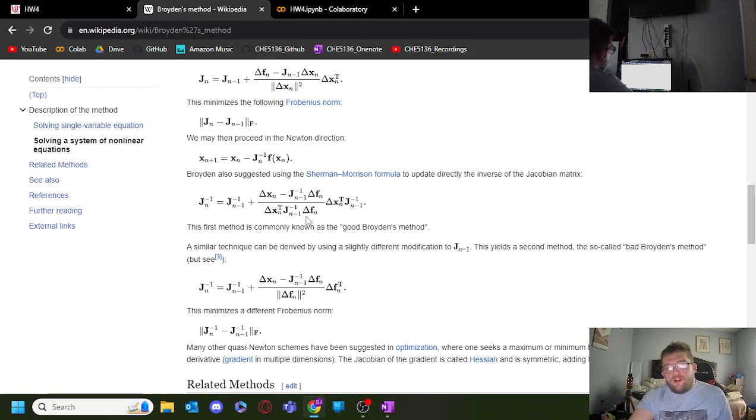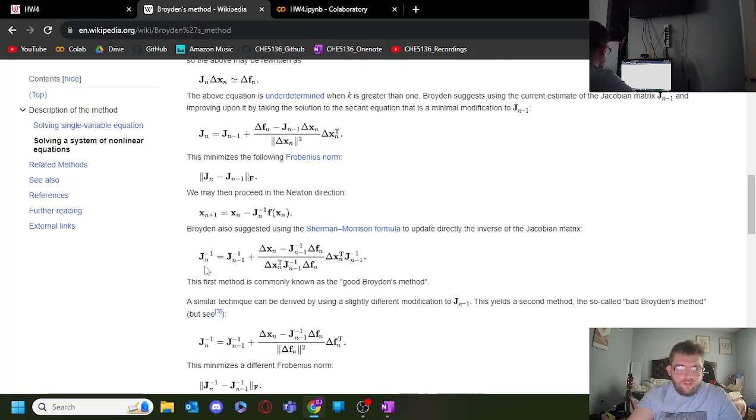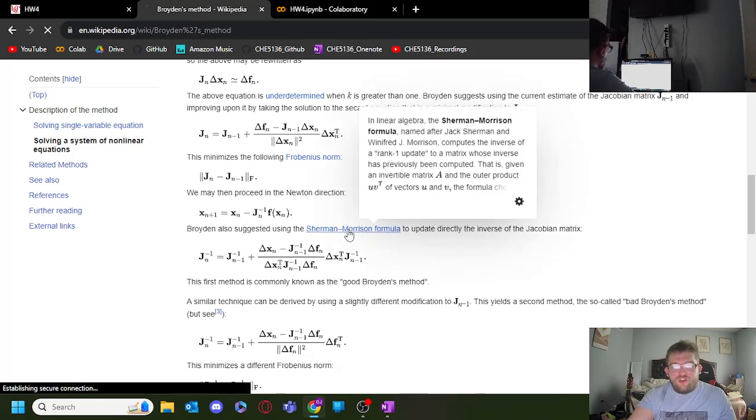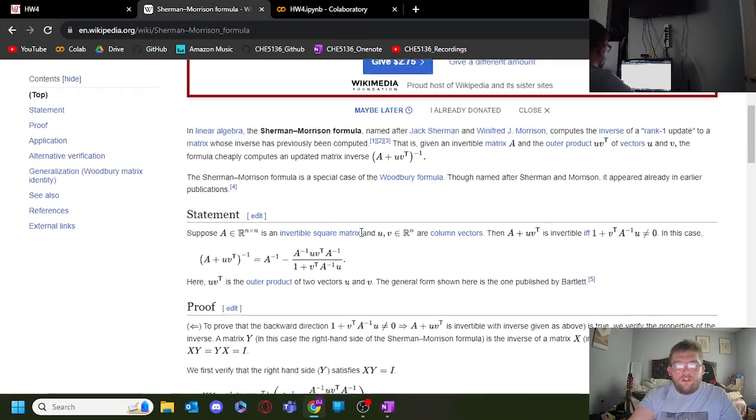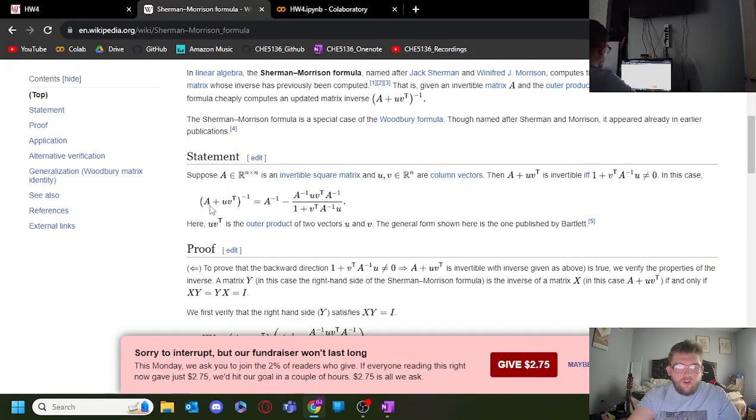But what differs from Newton's the most is this Jacobian inverse update. So the Jacobian inverse comes from this Sherman-Morrison formula here, where you have some matrix A plus an update UV transpose, or the outer product of that.